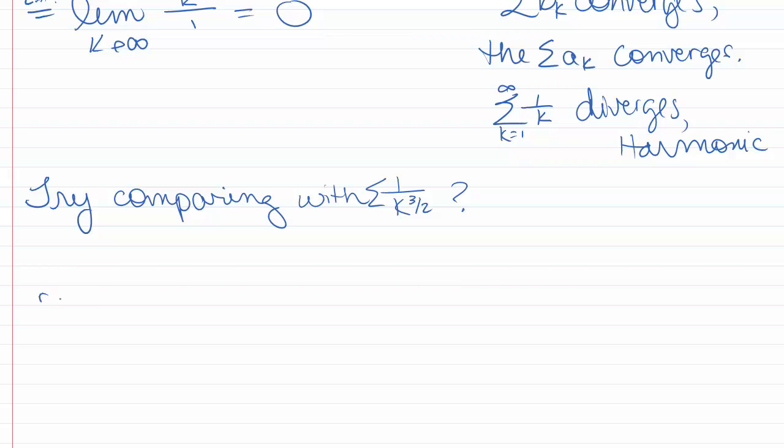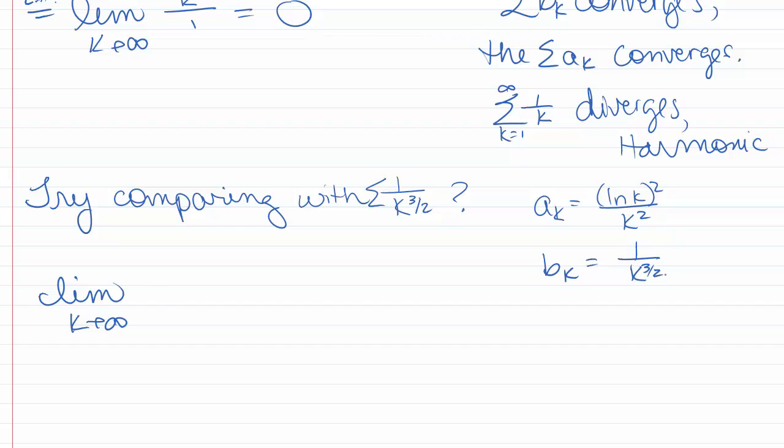Well, first let's take this limit and see what happens. So limit as k goes to infinity of, again, our a sub k is natural log of k squared over k squared, and our b sub k now is 1 over k to the 3 halves. So we get natural log of k squared over k squared times k to the 3 halves over 1.